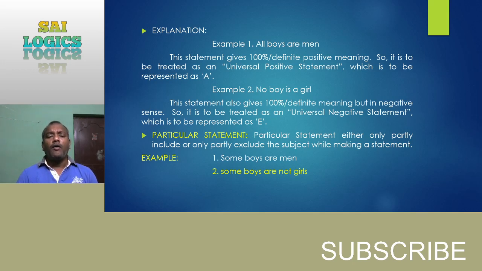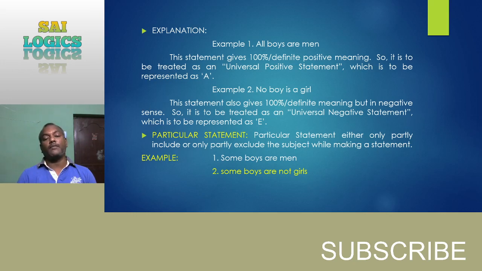So we have seen two of the four types of statements in this topic, and these two are to be called universal statements. The second case is the particular statement. Particular means it is not 100%. It is confined to a particular area. A particular statement only partly includes or partly excludes the subject.